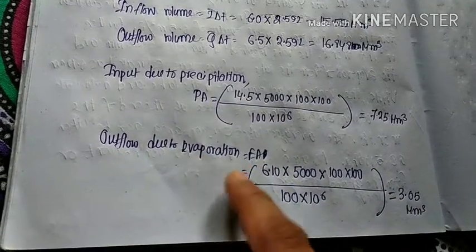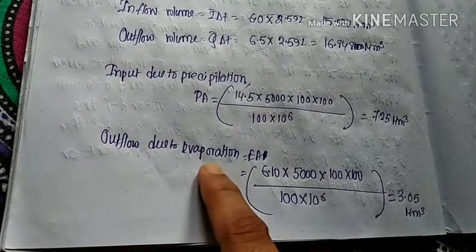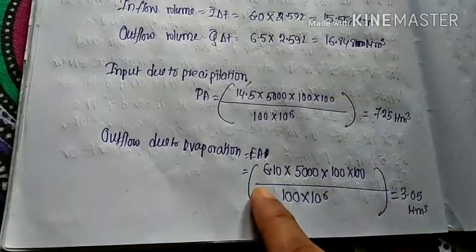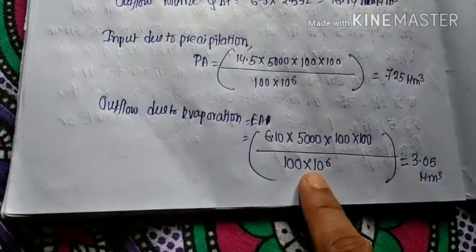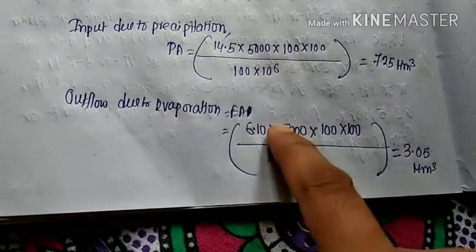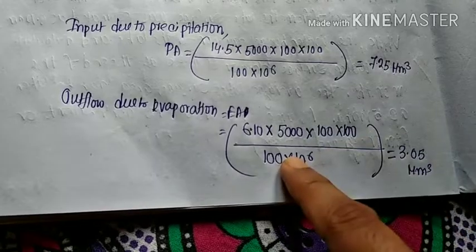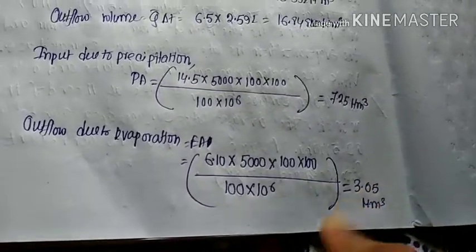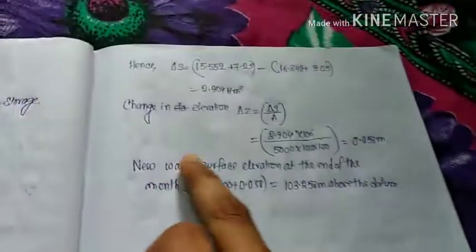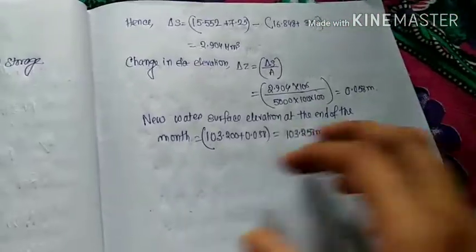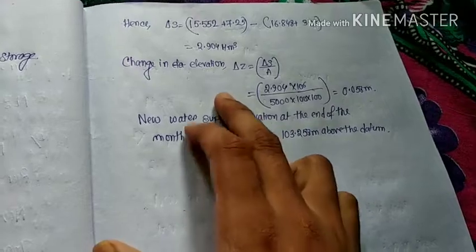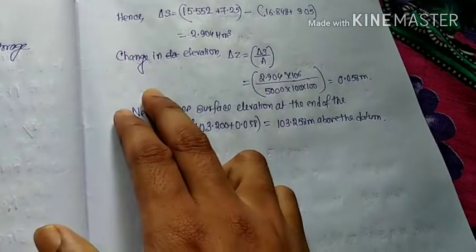And the outflow of evaporation is E into evaporation depth and into area. 6.10 centimeter. If we divide it by 100, you can get it in meter. 5,000 into 100 by 10 to the 6, you can get 3.05 million meter cube. By subtracting this, you can get the value of 2.904 million meter cube.